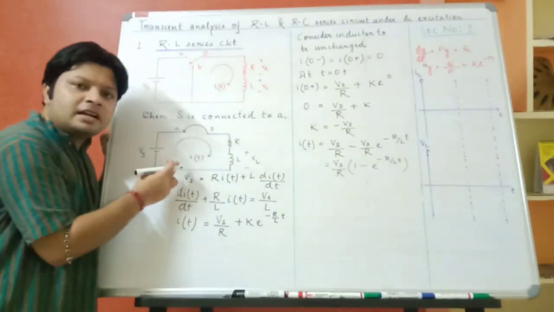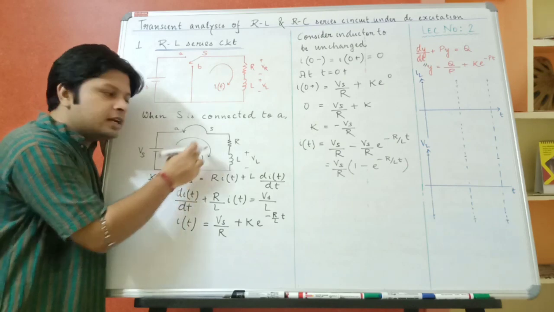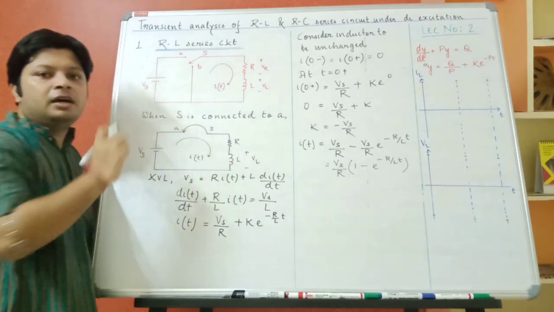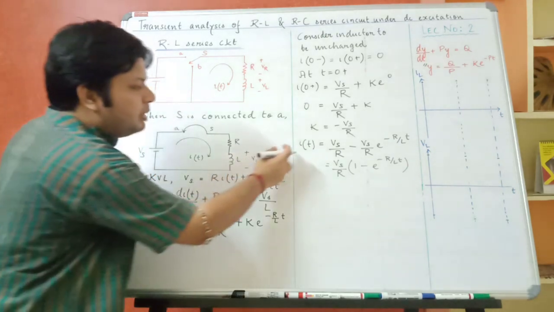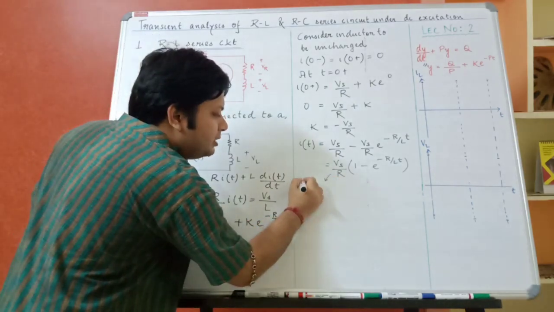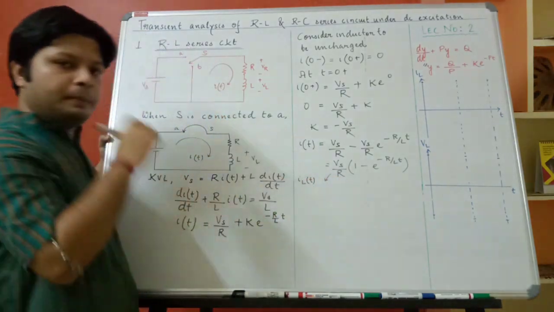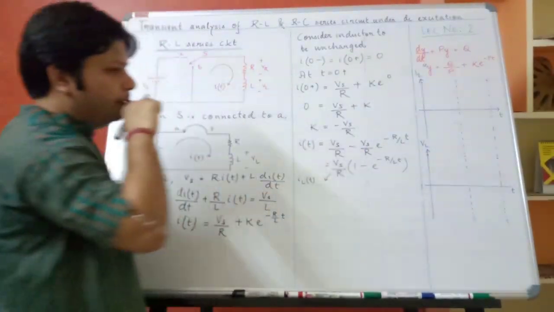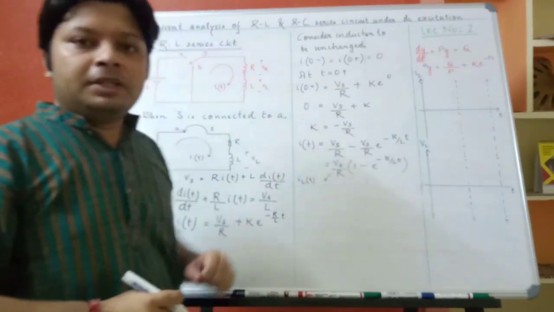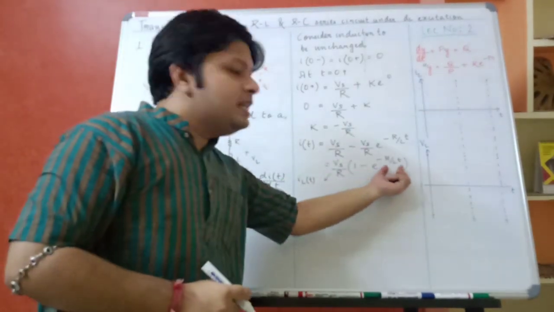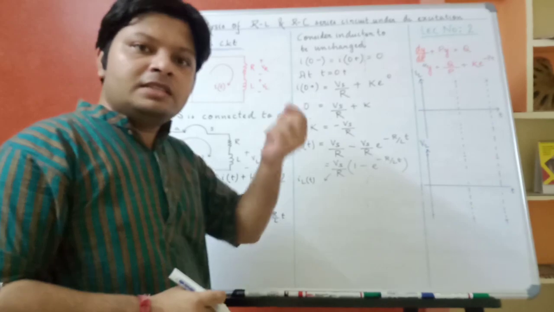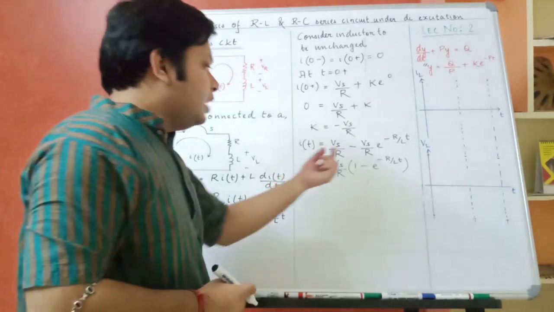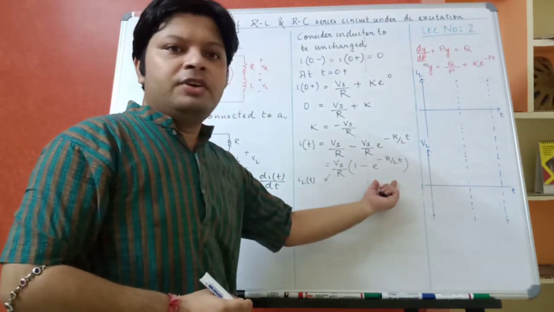Since this is a series circuit, whatever current will flow through the circuit will flow through both resistor and the inductor. So this is nothing but you can write this as IL(t) also. Now if you are plotting this IL as I have shown over here, what you will do? This is the exponential equation, e to the power something. Now e to the power minus x, what does it mean? It is a decreasing function, and 1 minus decreasing means increasing.